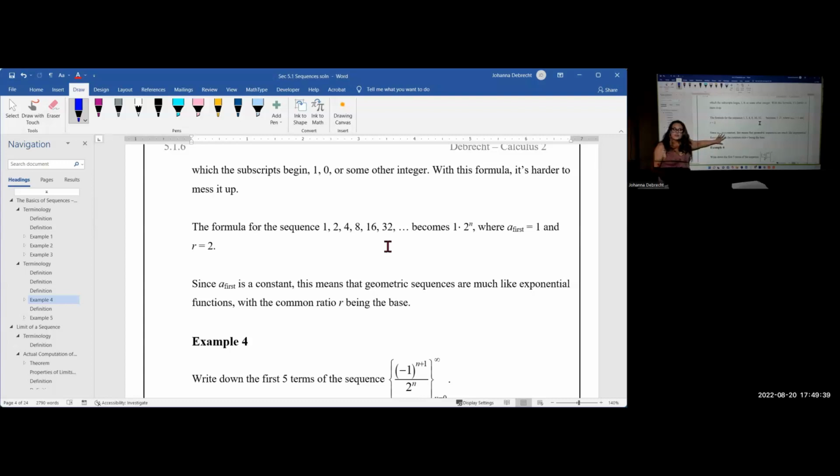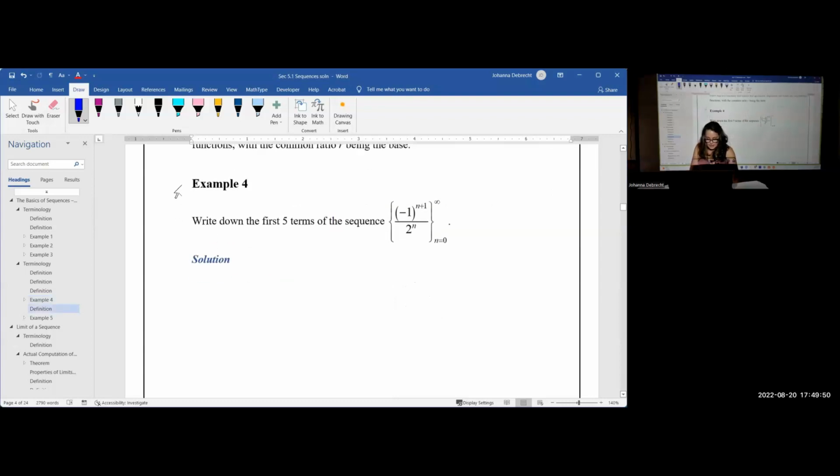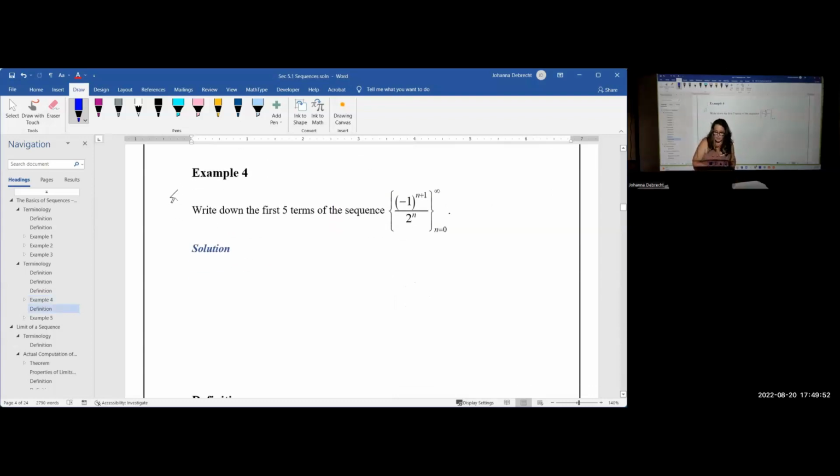What about geometric sequences? Do we have the same restrictions? Let's take a look at some different ones, and we're going to explore this idea a little bit in just a minute. Let's practice first writing down the first terms of the sequence. This is a very important skill that you're going to need, which is just to write down the terms of the sequence using the explicit formula.